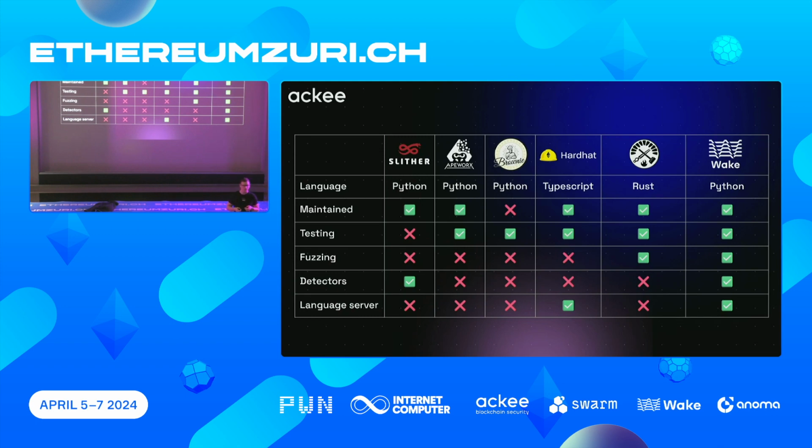And we are comparing the main features like testing. I've added fuzzing because I think that fuzzing can be really useful. Detectors, language server, and if the tool is maintained or not. And I think there's a huge advantage for developers because they can use just a single tool to do everything. So just a single tool to rule them all.